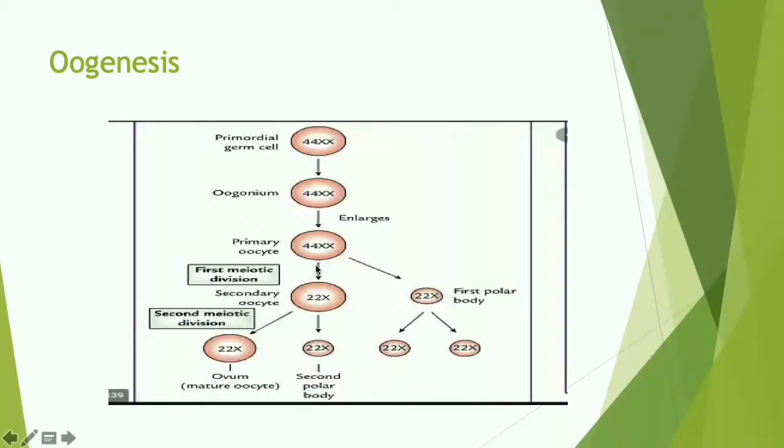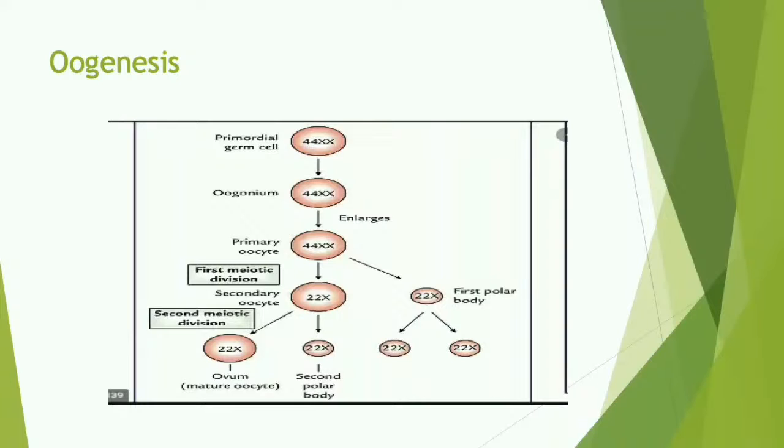And then during adolescence or puberty, due to the influence of various hormones, from the hypothalamus you have GnRH, from the anterior pituitary you have FSH and LH, which help in initiating menarche, the first menstrual period or the menstrual cycle in a female, which leads to expulsion of a single ovum every month during ovulation.